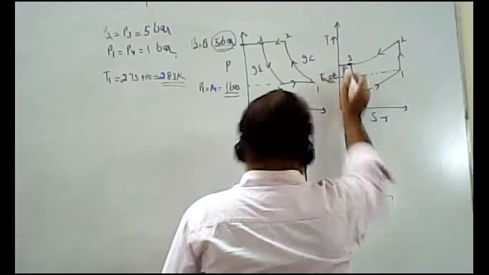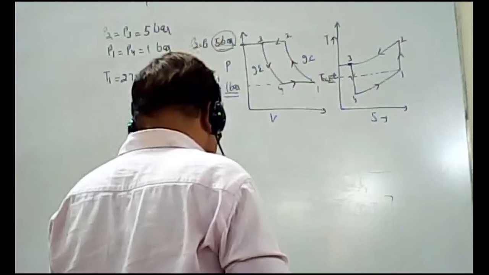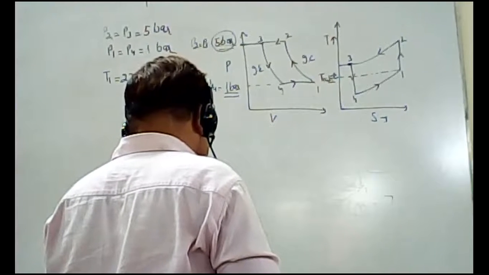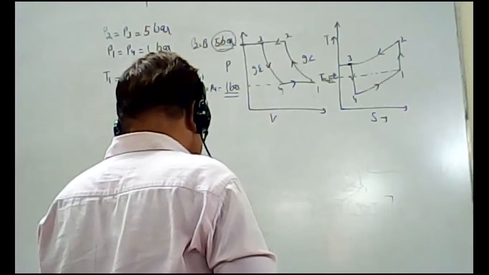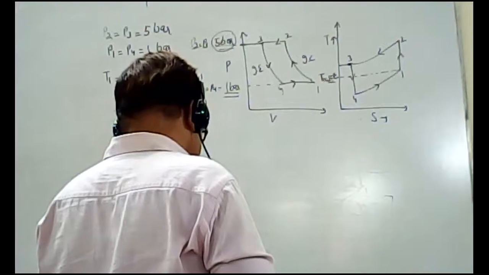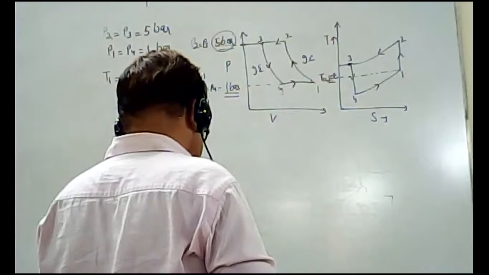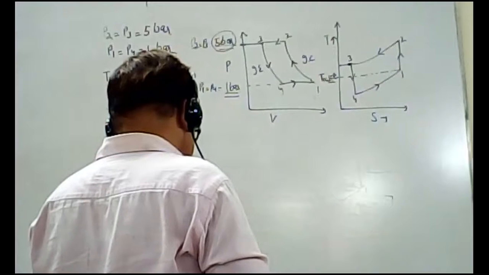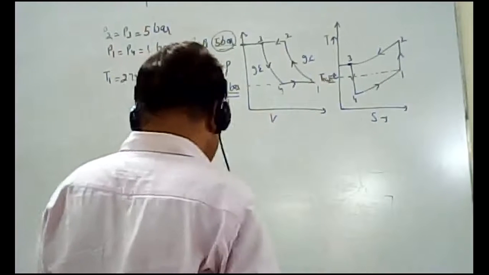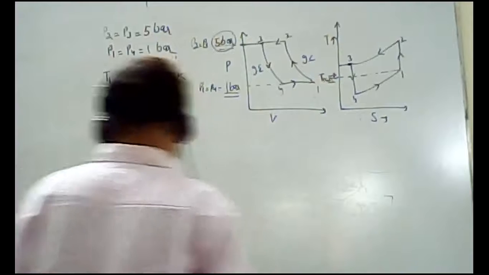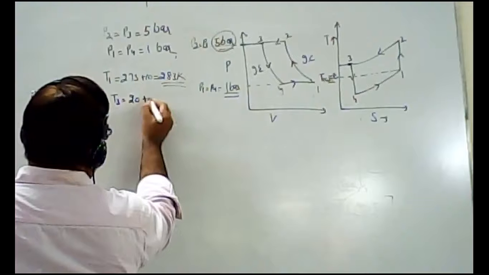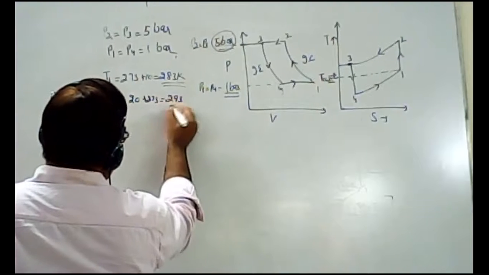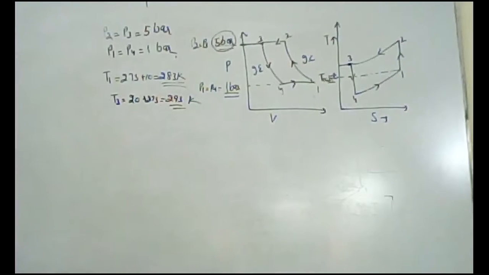The value given is 20, so T3 is equal to 20 plus 273, which comes out to be 293 Kelvin.